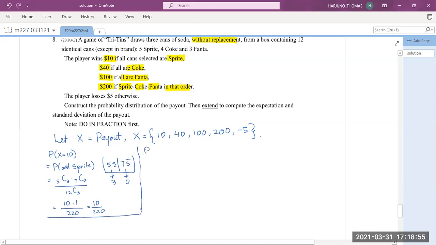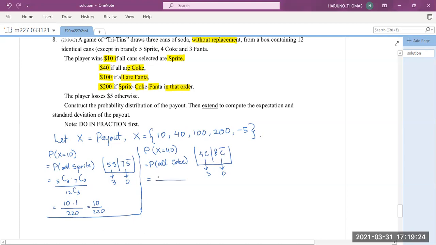Now, how about the probability of getting $40? That is if you get all Coke. The box has 4 Coke and therefore 8 not Coke. You need to get 3 from here and of course nothing from here because you only select 3 cans of soda.